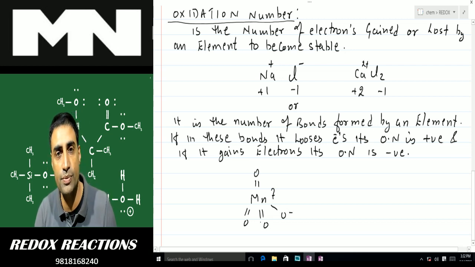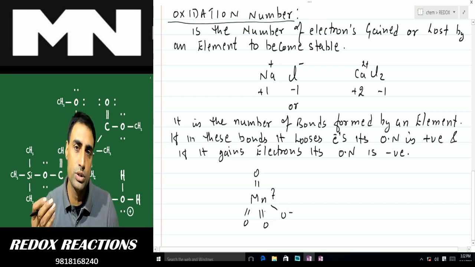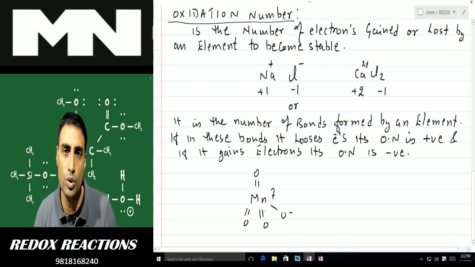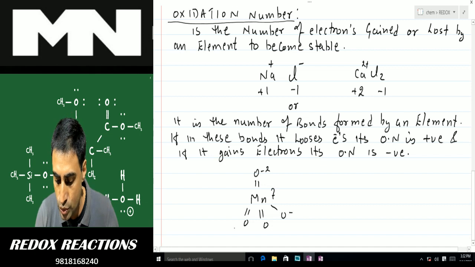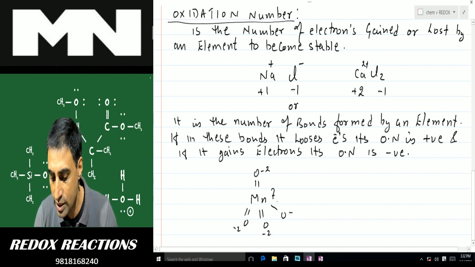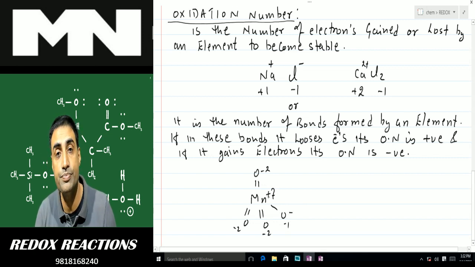So it is forming 7 bonds. Since oxygen is more electronegative, oxygen will attract those electrons toward itself. So oxygen will become negative and manganese will acquire a positive charge. So here the oxidation number of oxygen is -2, -2, -2 and -1, and that's why the oxidation number of manganese is +7.